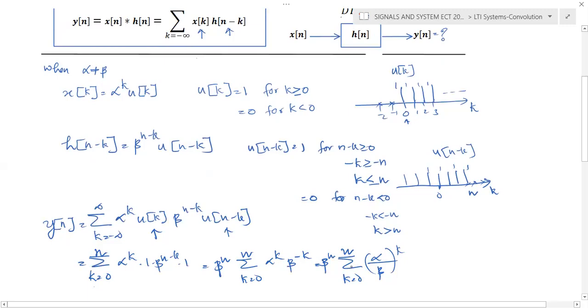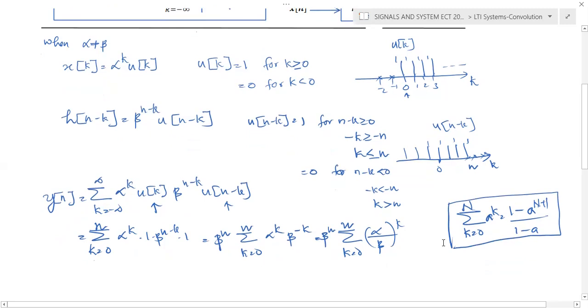So now we got a summation equation, a finite sequence, and we know the formula. When k is ranging from 0 to n, the sum of a raised to k can be written as 1 minus a raised to n plus 1 by 1 minus a. This is the formula for a finite sequence, and you can apply it here.